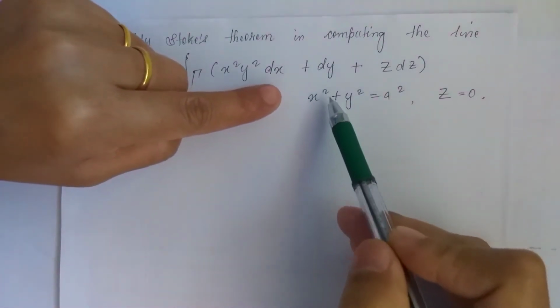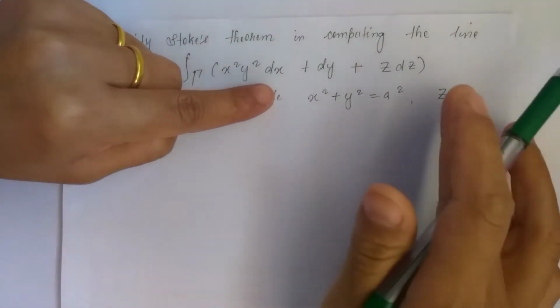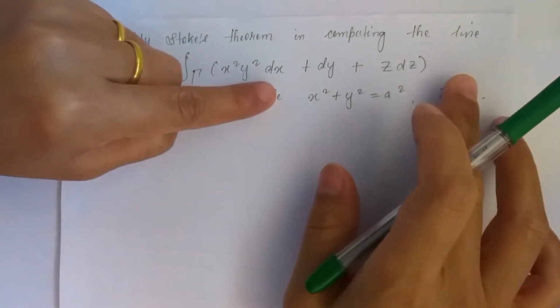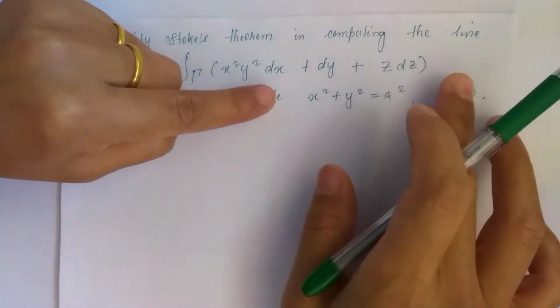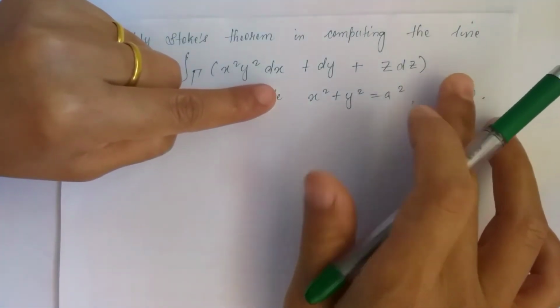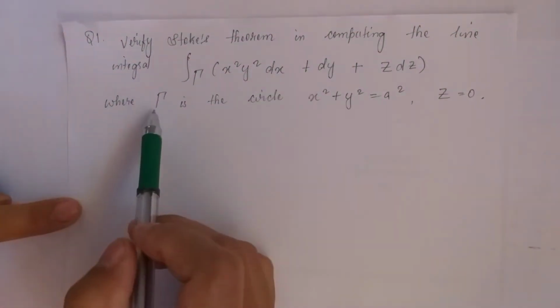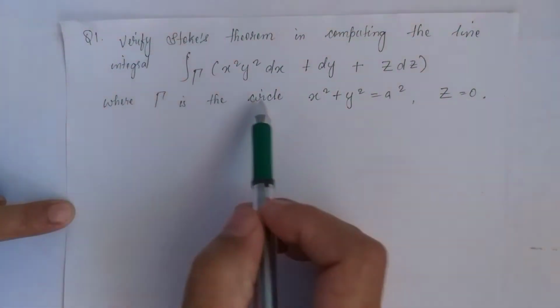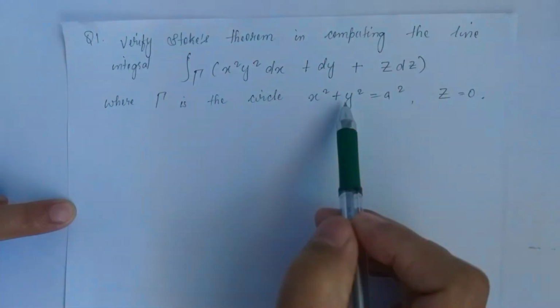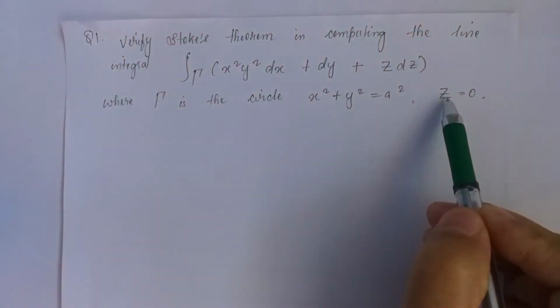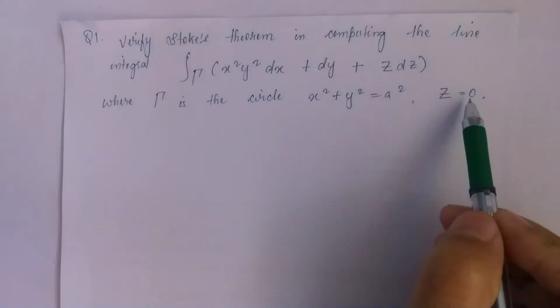Actually, x squared plus y squared equal to a squared in R3 is an equation of a cylinder. But since we have z equal to 0, this rho is going to be a circle in the xy plane.